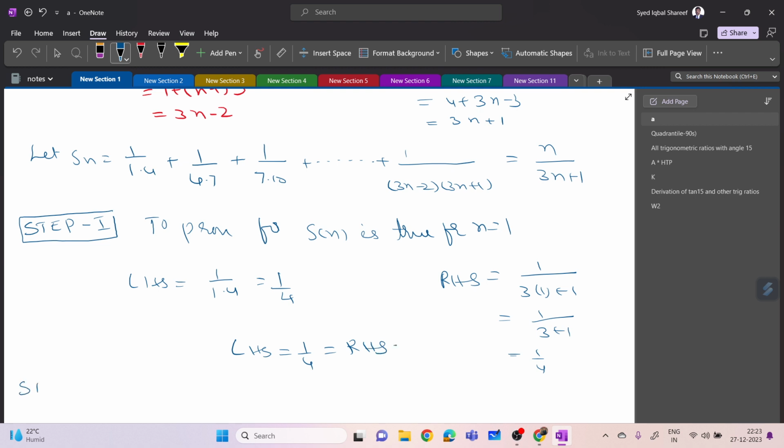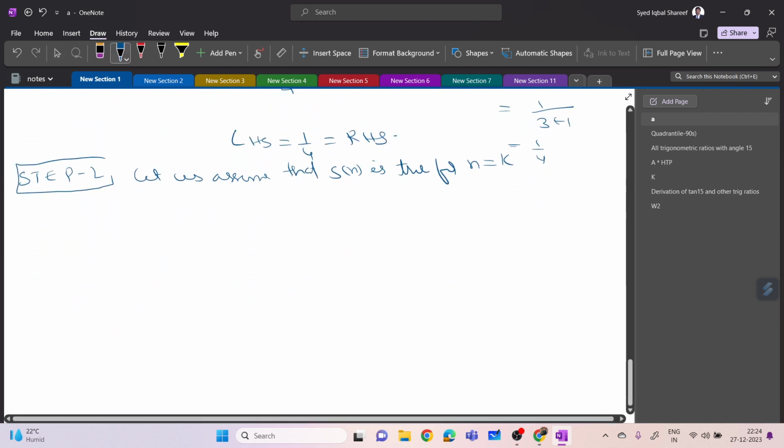Step number 1 is over. Now step number 2, we have to assume. Let us assume that S of n is true for n equal to k.